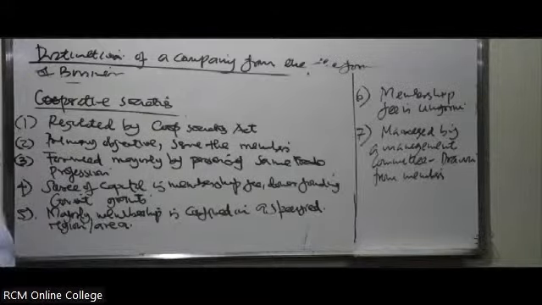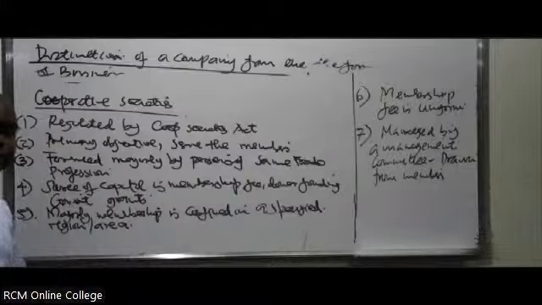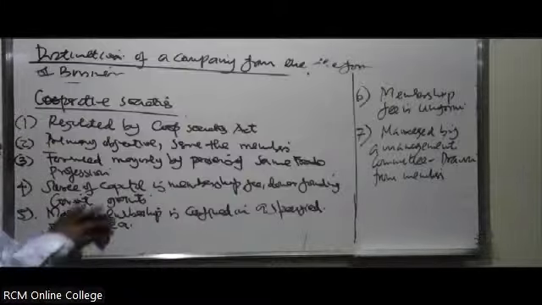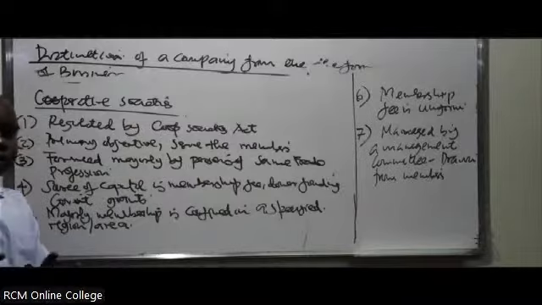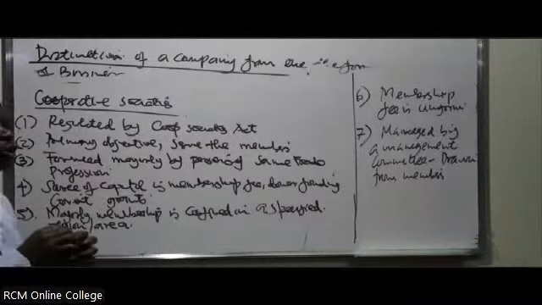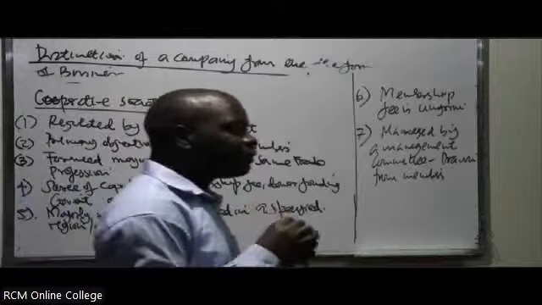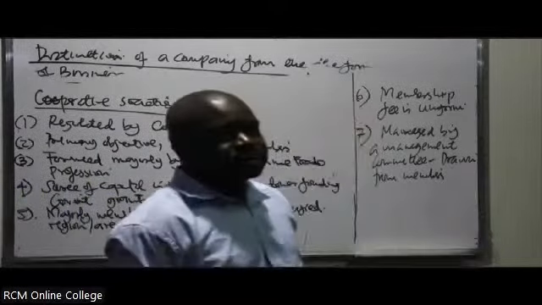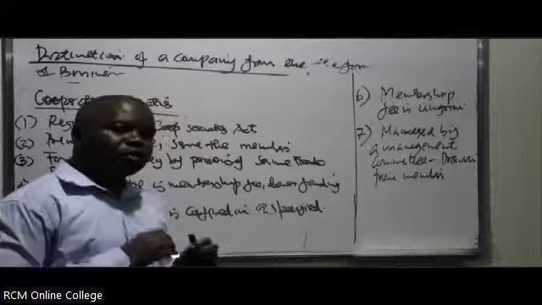Number two, their primary objective, first of all, is to serve the members. They might be involved in some business activities, like setting up their own factory to manufacture tea, then selling it and giving the money to the members. But first of all, they'll ensure they have satisfied the needs of the members. Any business activity will come in as a secondary objective.